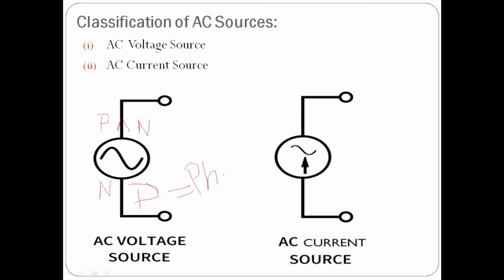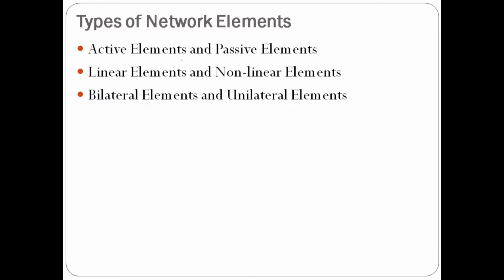Let us proceed further and see the types of network elements. There are different types of network elements. Actually, today's topic is series and parallel circuits, and the thumbnail that I have prepared is series and parallel circuits. But before going into that, we must have some basic knowledge of the basic concepts.